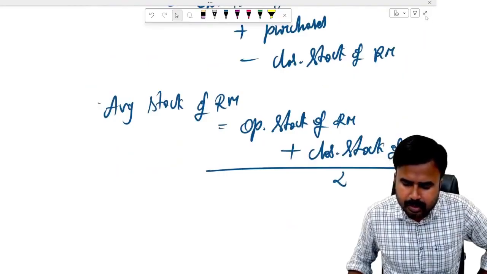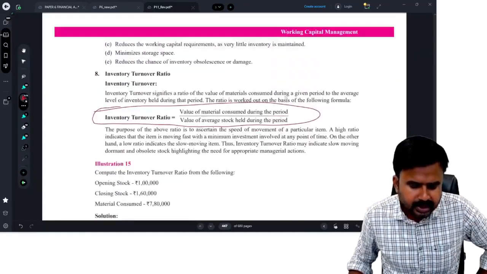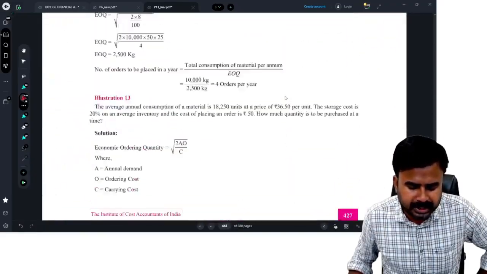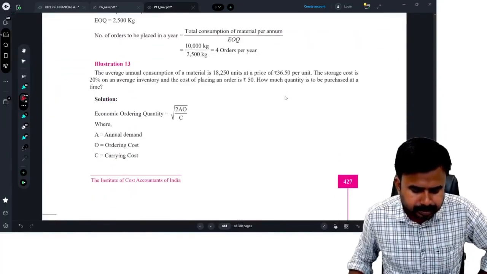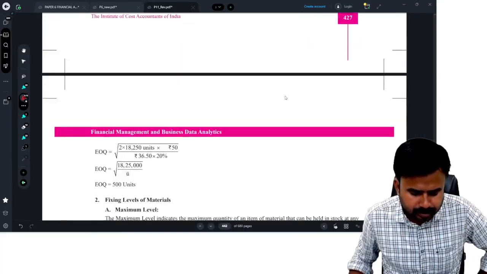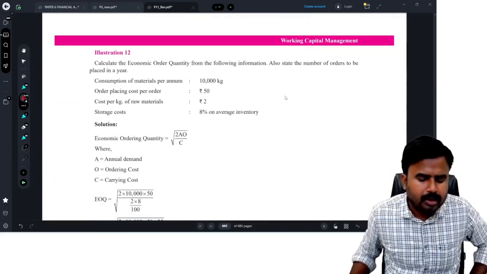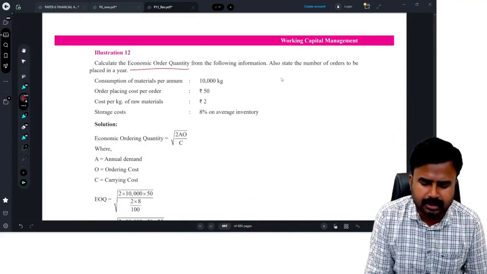With this background, let us handle a few small problems. The first area, EOQ and total cost computation. Calculate the economic order quantity from the given information.